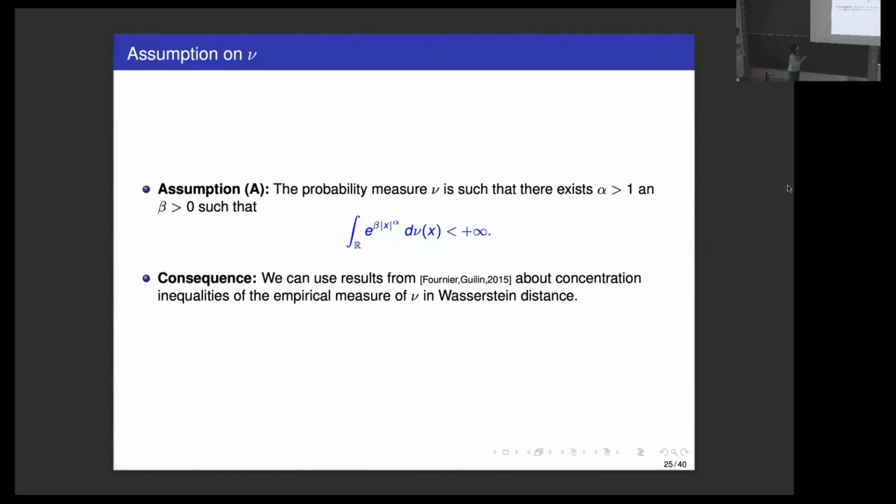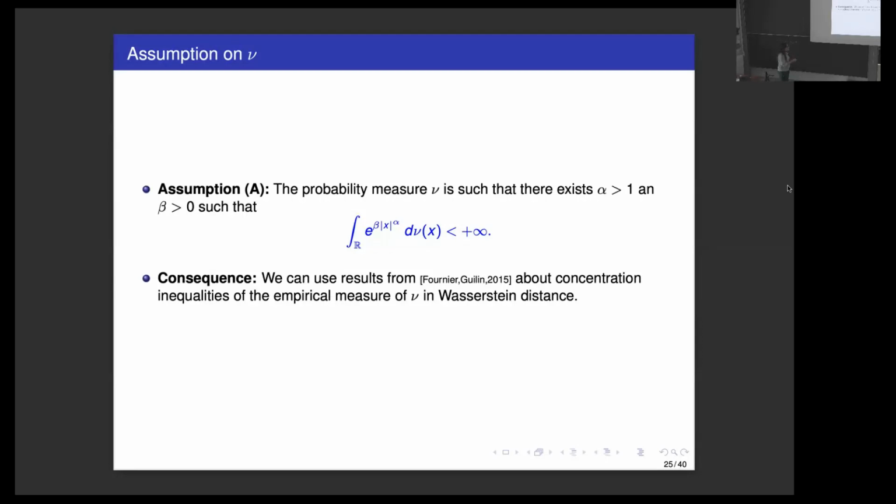The first assumption that we need to make for the analysis to be carried out is that the probability measure nu has to have some finite exponential moments, for some parameters alpha and beta, so that this quantity here, in R^D, is finite. Why do we need such an assumption?